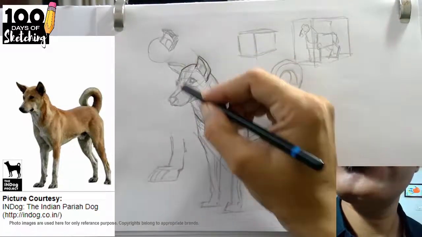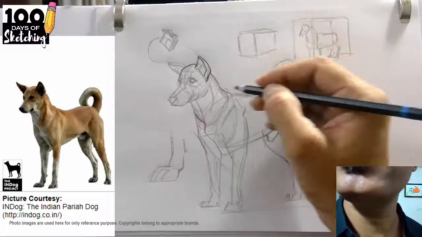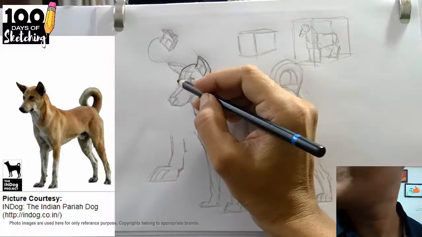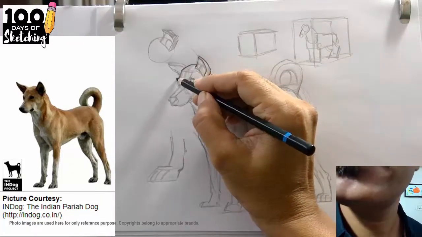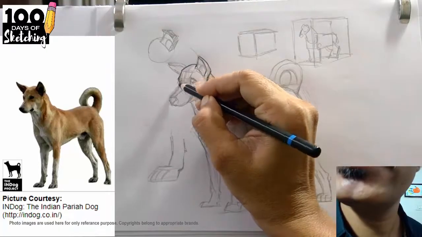Now whatever I drew first was the sphere, but now I'm giving some sharp lines to that.